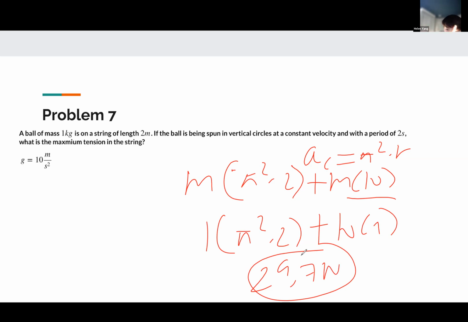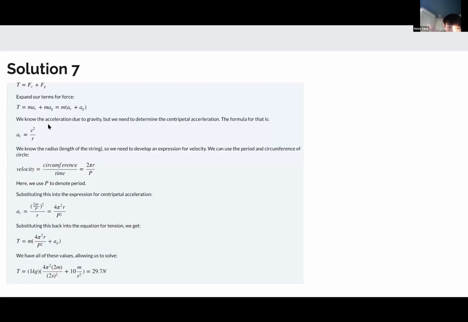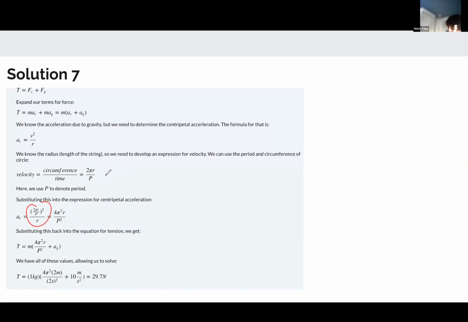So this is another way to do it right here. In the solution, they put the period as p. So they found the velocity is 2 pi r over p. So they plugged that back into the equation and got 2 pi r over p, squared, divided by r, which is 4 pi squared times r over p squared.